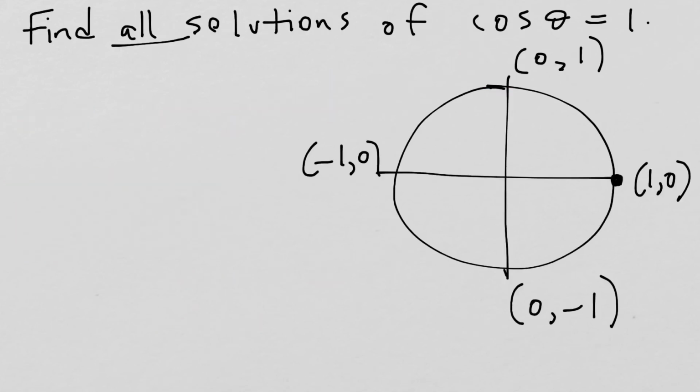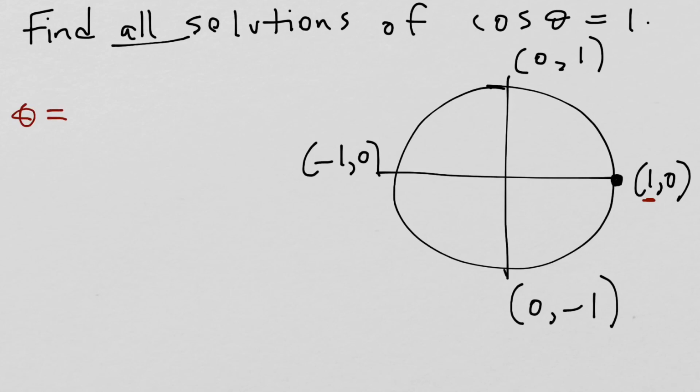All right, so this one says find all solutions where cosine of theta is equal to 1. So that's over here, and there's only one angle. So we can see again that we're going to have multiples of 2 pi by the time we get back to that angle. All right, so we got to go full circle to get back to that angle to get coterminal angles. So we're going to say theta is equal to 0.